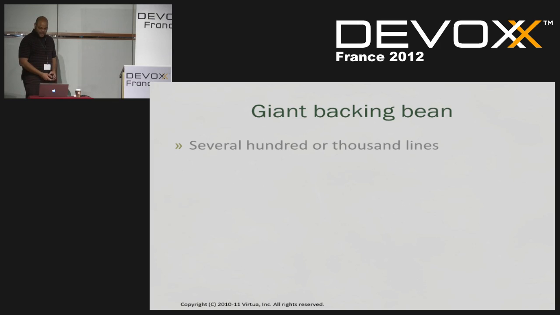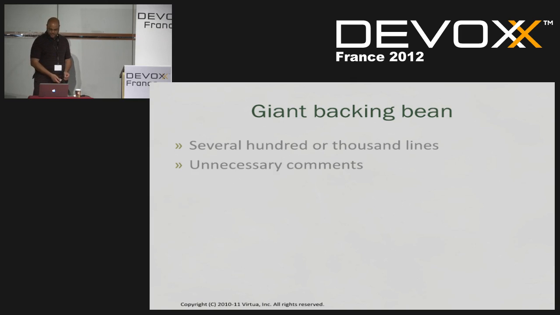So how many people have backing beans that have several hundred or thousands of lines of code? Okay, so that's a few of you. All right, so if your backing bean is like 2,000 lines of code, then you have a problem, okay? Because essentially you're talking about a controller for a single page. Why does it need 2,000 lines of code, okay?